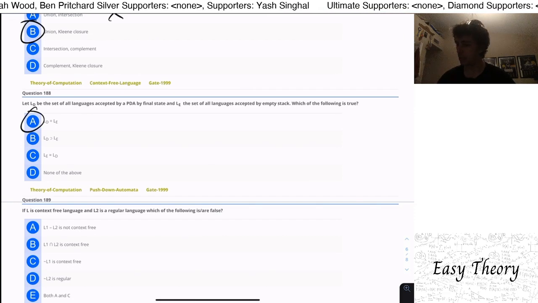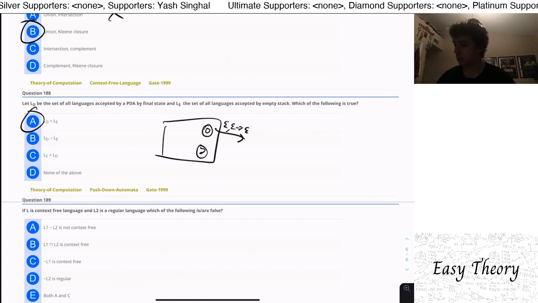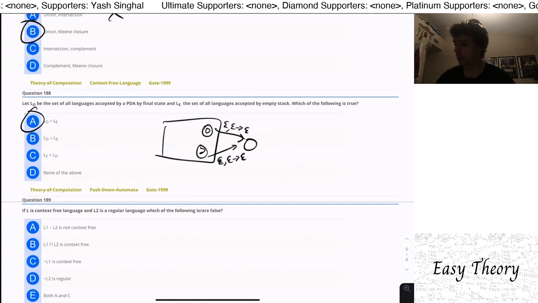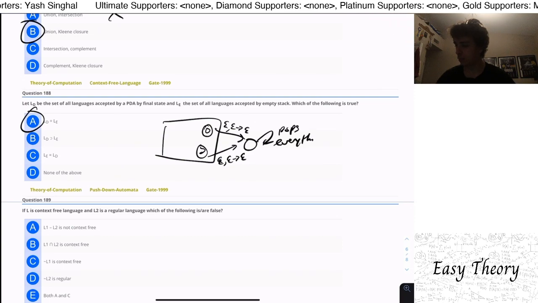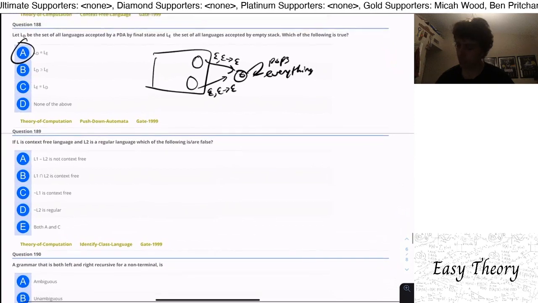Because you can show that if you had a bunch of final states here, you epsilon your way to a state that pops everything. That's a final state, and neither of the other two is final anymore. So that's how you do that.